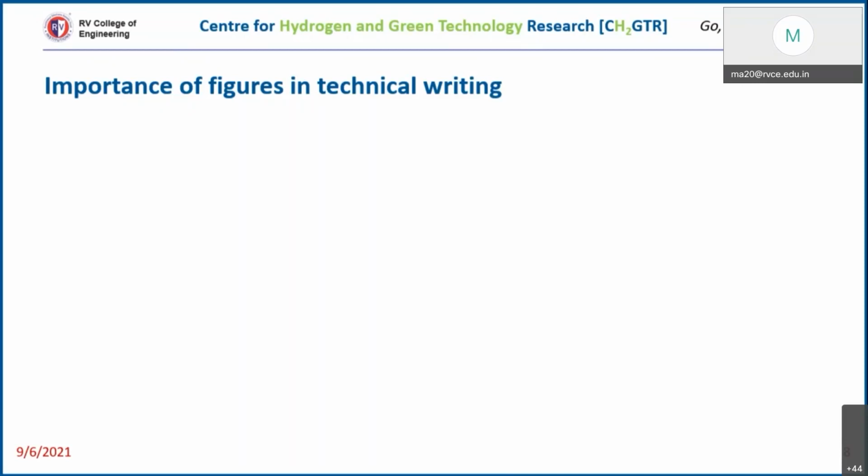So it could be a graph or an illustration or other types which we are going to discuss. Okay, so it is important for an engineer, and it is required in almost all phases of your life, right? Especially when it comes to technical writing. So whether it is a research paper or a review paper or your project report, these are certain things which you need to pay attention to with respect to the figures, right?